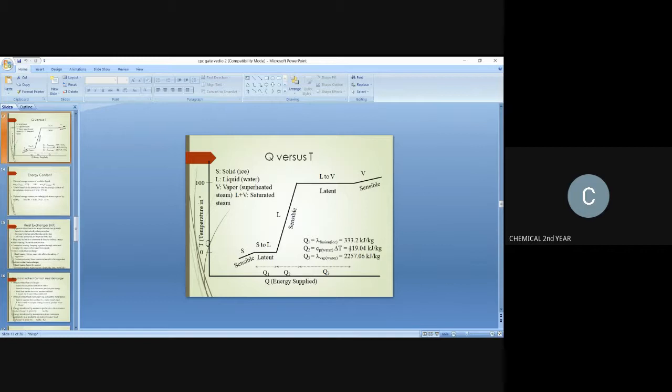Next, Q3 equals lambda vapor of water, which is equal to 2257.06 kilojoule per kilogram. Here S represents the solid, L represents the liquid, and V represents the vapor. And L plus V represents the saturated steam, and V represents the superheated steam.